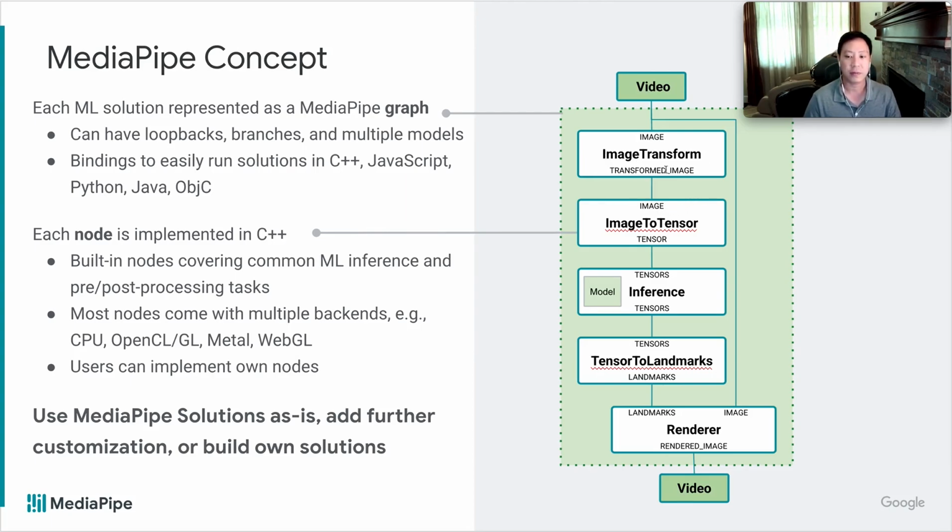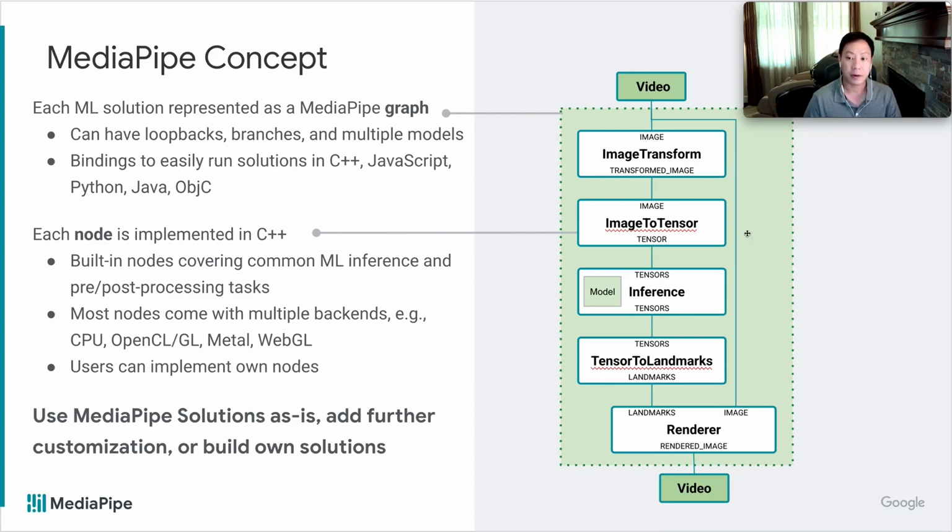And the transformed images are converted into tensors and then go through machine learning model inference. The output tensors are then further decoded into a set of landmarks that can be the hand landmarks or pose landmarks and so on. And then these landmarks, together with the original video input frames, are being fed into a renderer to render the final output video frames.